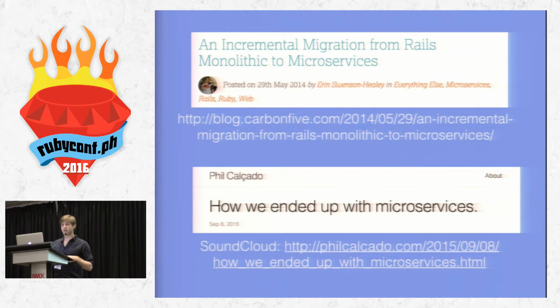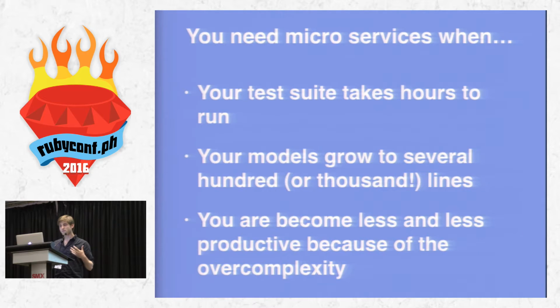And so they had very successful experiences splitting up their monolithic app into individual services. So I realized that you need microservices when your test suite takes hours to run, your models are several hundred or thousand lines of code, and this is just making you less and less productive because of the over-complexity.